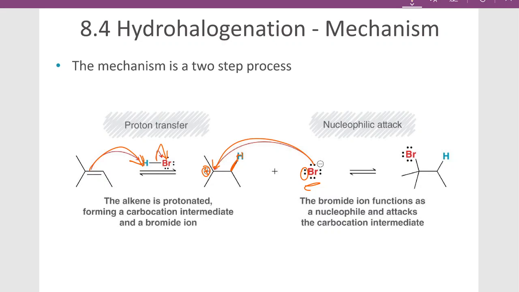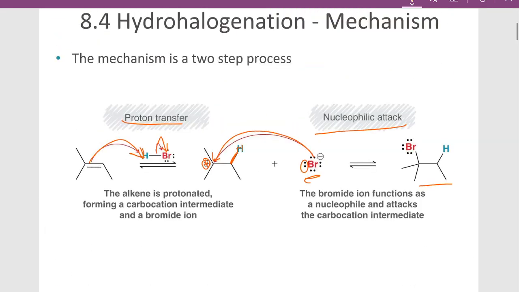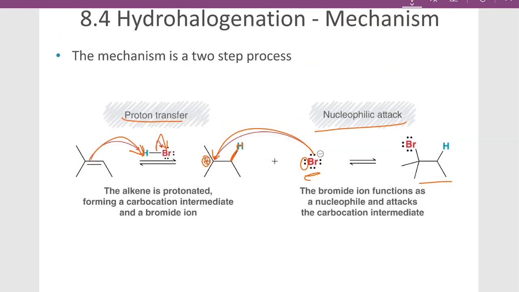So the first step is a proton transfer. The second step is nucleophilic attack. So it adds there to give us our product. So notice on this product we have Markovnikov addition. The bromine goes to the more substituted side. The hydrogen goes to the less substituted side because the carbocation is more stable on that more substituted side, and so that's why the nucleophile attacks it there.